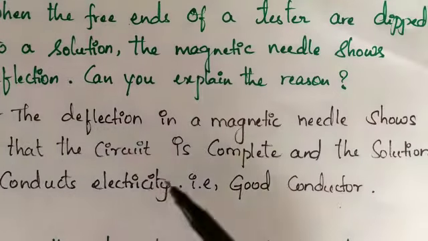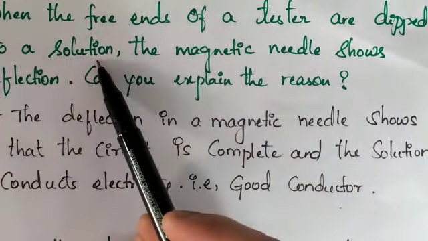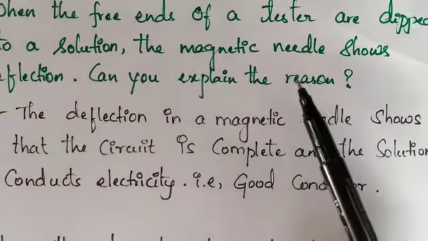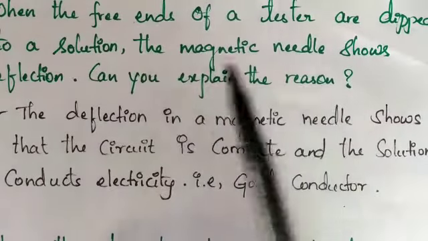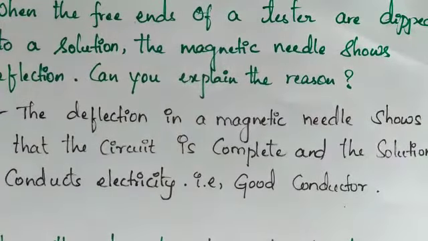Next question is: when the free ends of a tester are dipped into a solution, the magnetic needle shows deflection. Can you explain the reason? Take a good conductor, for example lemon juice, which we know is a good conductor of electricity.